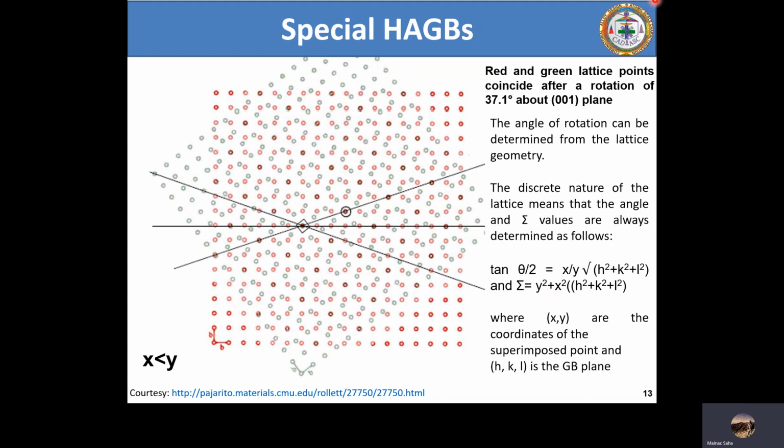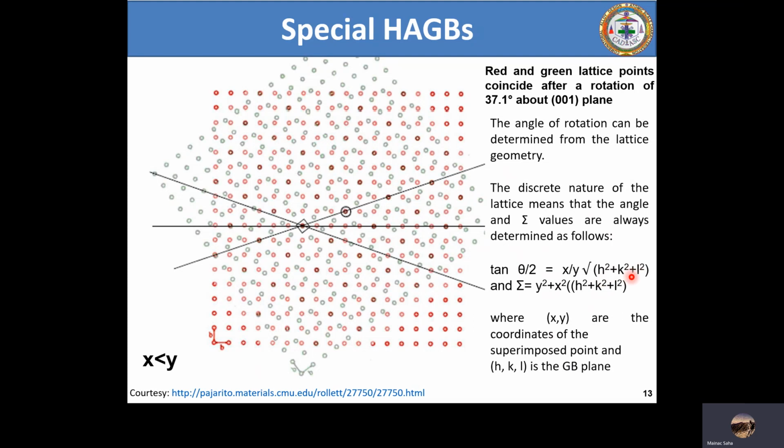Just the take-home message from this particular slide: when we talk of the two lattices and the coincident site lattice or CSL concept, we consider theta as the misorientation angle between the two lattices, and HKL, which is nothing but the grain boundary plane.